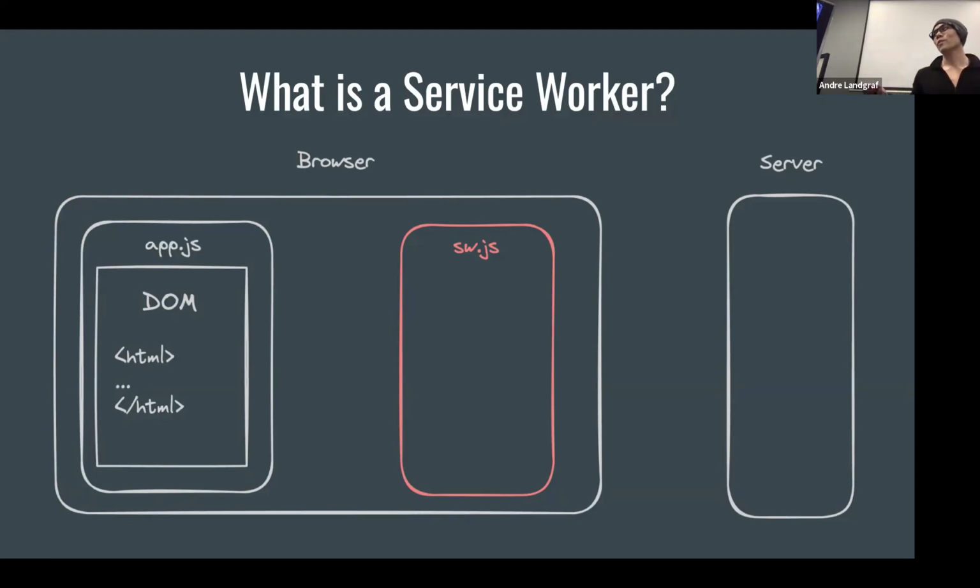Because it's on a separate thread, it's non-blocking. So you can do whatever processing you want in the service worker file without blocking the main thread. And at the same time, that also means the service worker won't have any access to the DOM directly. So if you wanted to do something that actually affects the DOM, you have to pass messages back and forth between your app.js file and your service worker file.